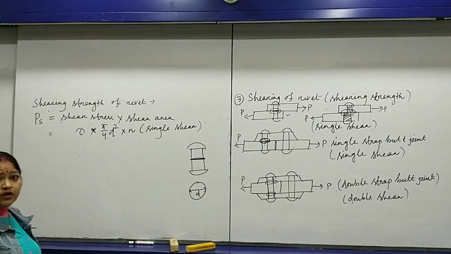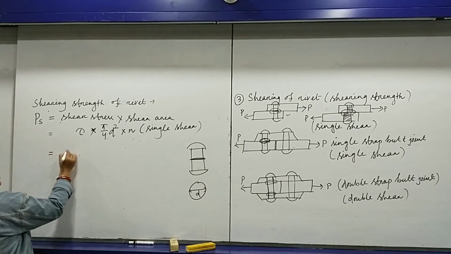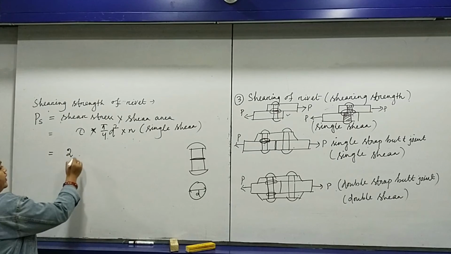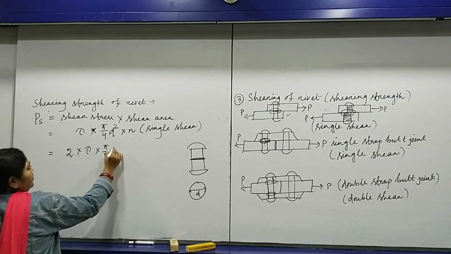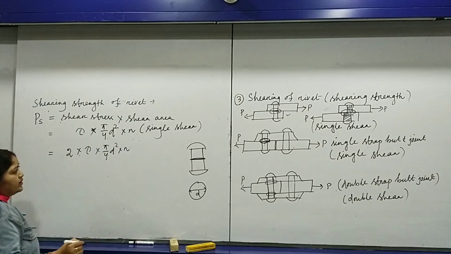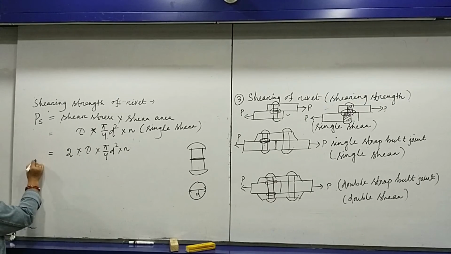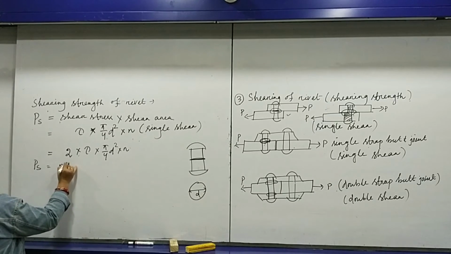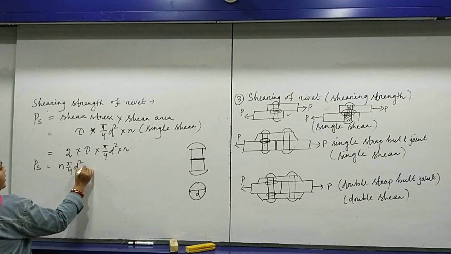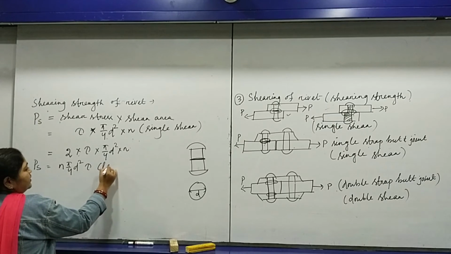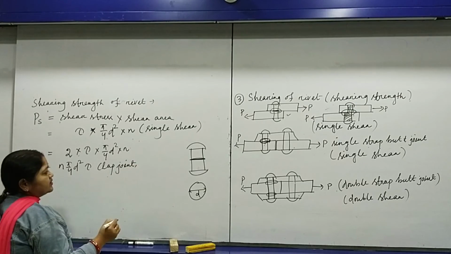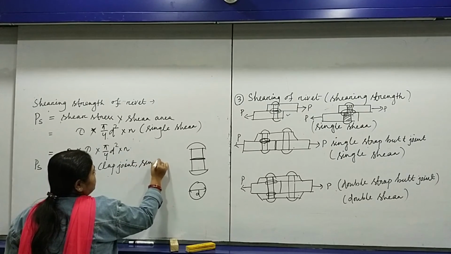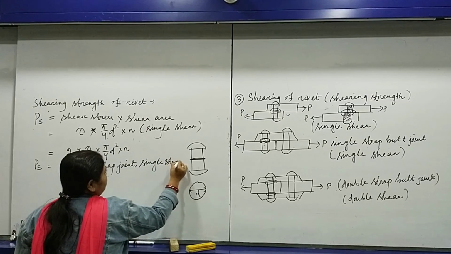But in the case of a double shear, what happens? In the case of a double shear, we just multiply by 2 into shear stress into shear area, pi by 4 d square into n. Right? So for single shear, we get PS is equal to n pi by 4 d square tau. Here it is for lap joint and single strap butt joint.